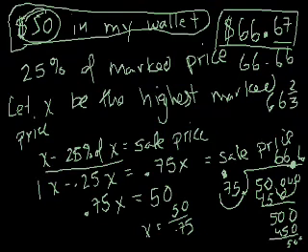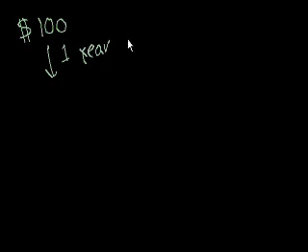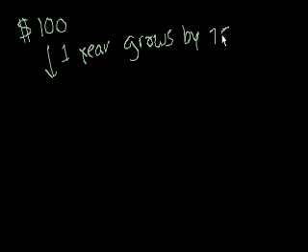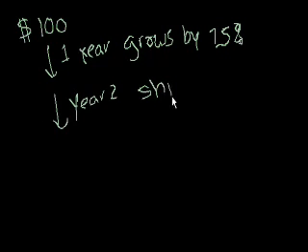So let me ask you another, very interesting problem. Let's put a fixed number on it. Let's say I start with $100, and after 1 year it grows by 25%, and then the next year, year 2, it shrinks by 25%.